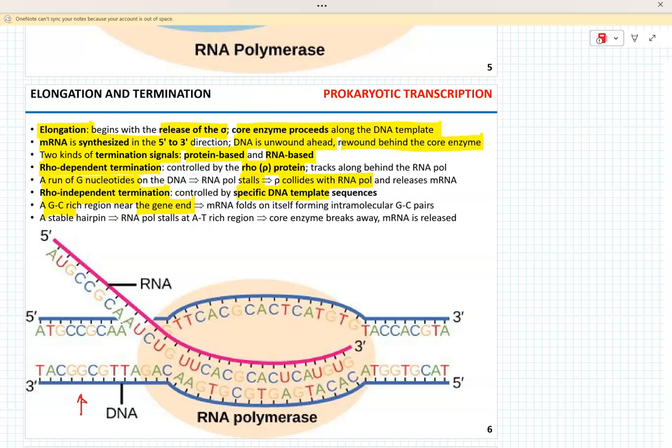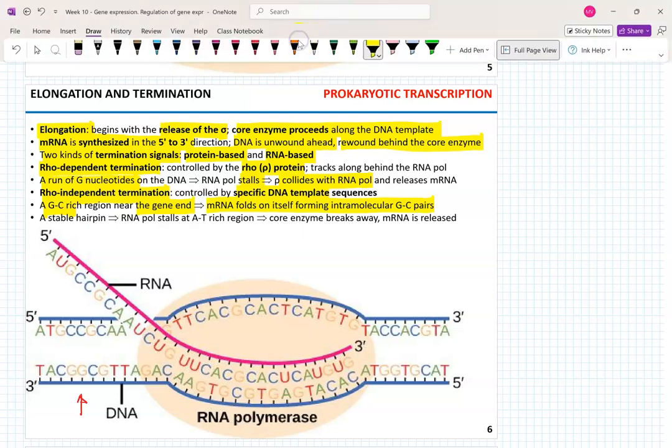So when this region is transcribed, mRNA folds on itself, forming intramolecular pairs between G and C. This structure is called a hairpin, and it would look something like that.